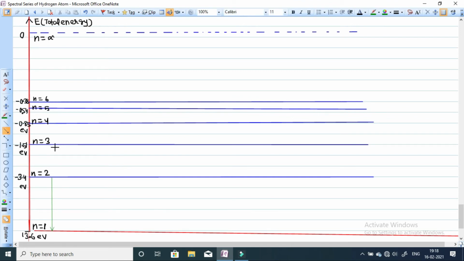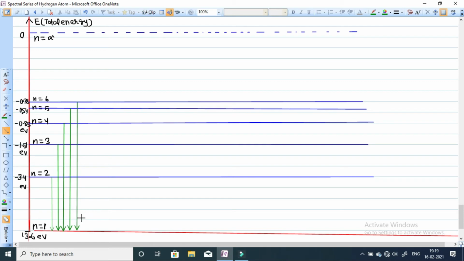N is equal to 3 to n is equal to 1. All are jumping to the ground state. N is equal to 4 to n is equal to 1. N is equal to 5 to n is equal to 1. And similarly n is equal to 6 to n is equal to 1. Like this they are jumping. Then here we will get a series. The series is known as the Lyman series.